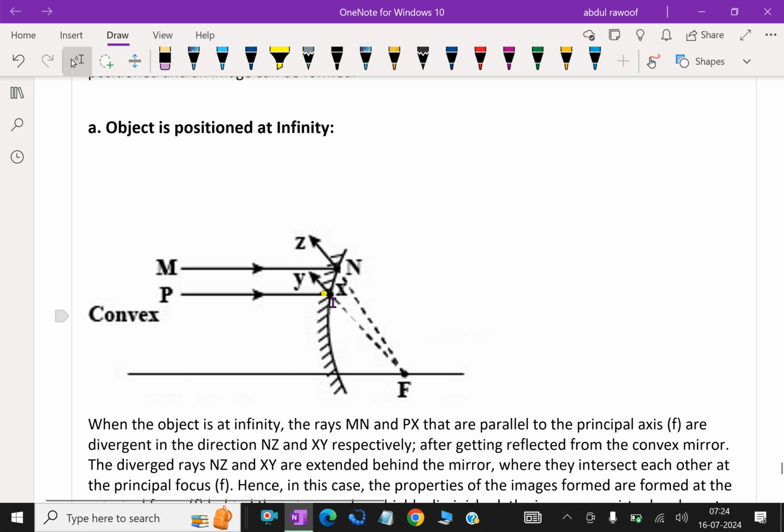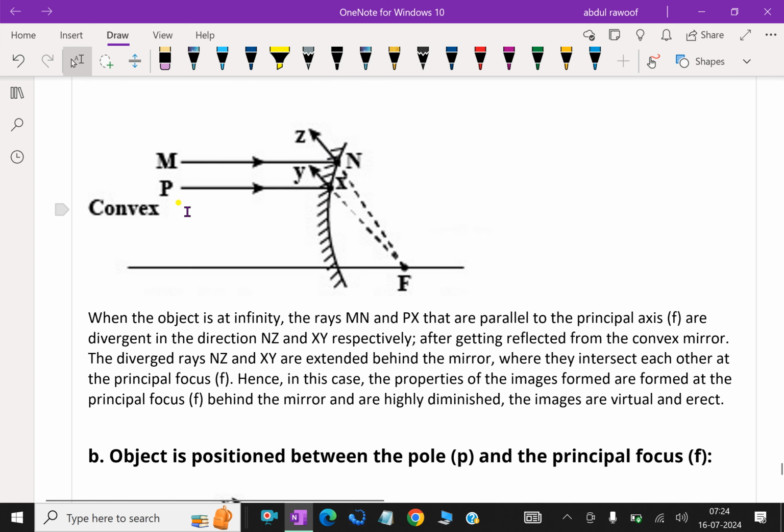Suppose this is a convex mirror. Rays are coming from infinity and fall on the mirror.